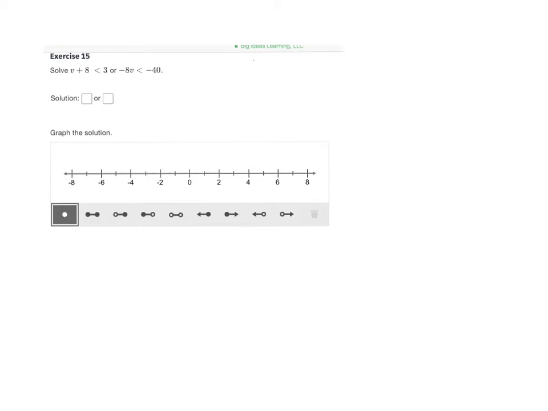Alright, now we have an OR. So we have v plus 8 is less than 3. We can do this first. You would minus 8 from both sides. That's going to give you v is less than negative 5. So if we were to graph this, at negative 5 you would have an open circle, and it would run to the left. On the other side, we've got negative 8v is less than negative 40.